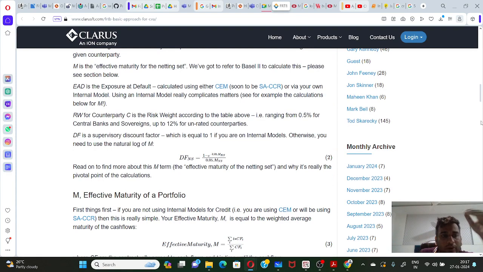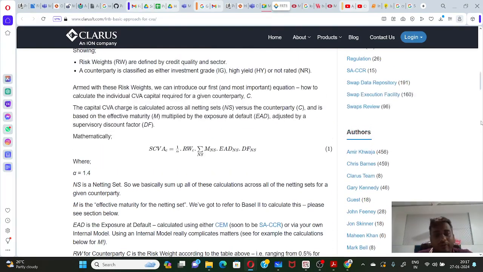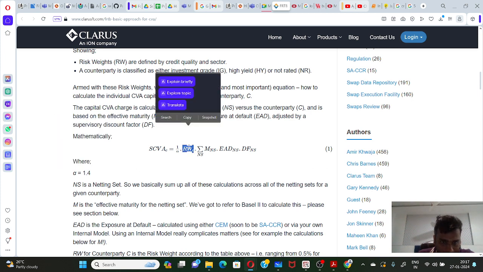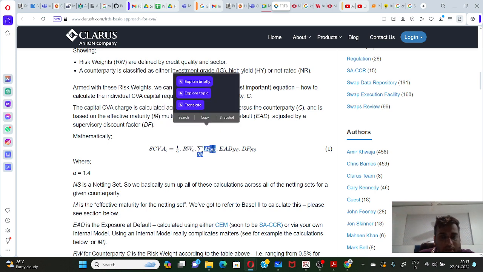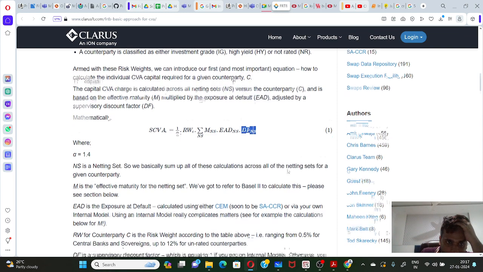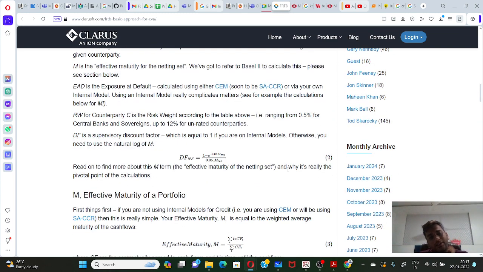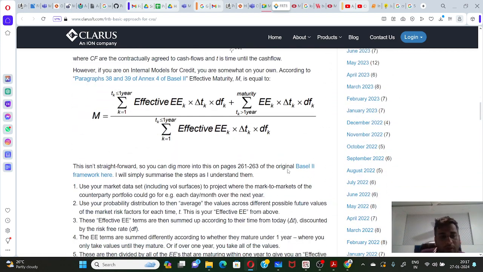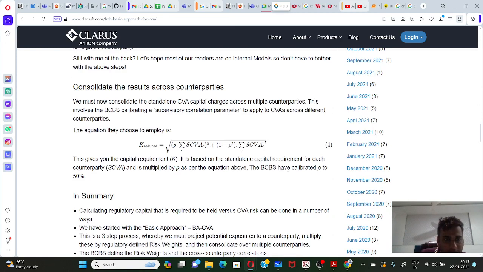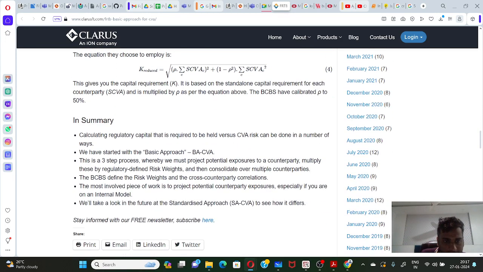Here you have effectively what we have to look at, how to get at each of these numbers. 1.4 is a calibrated number, a constant which you don't have to bother about. For a particular trade, you have to look at how to come up with RWC, MNS, EAD and DFNS. Once we have all of this, we will have a certain understanding of what the CVA term is, and that consolidation is across counterparties.